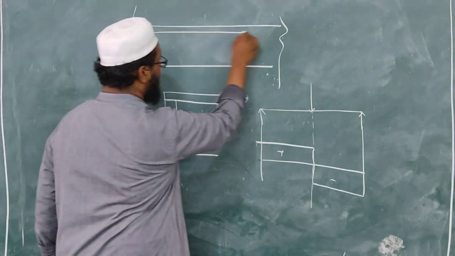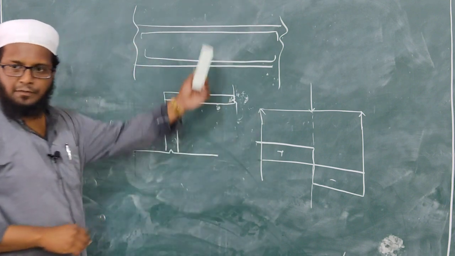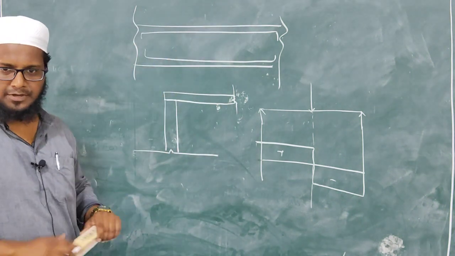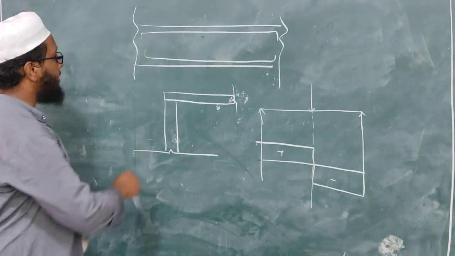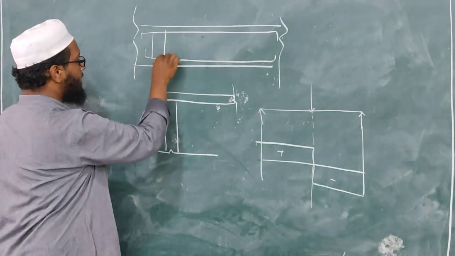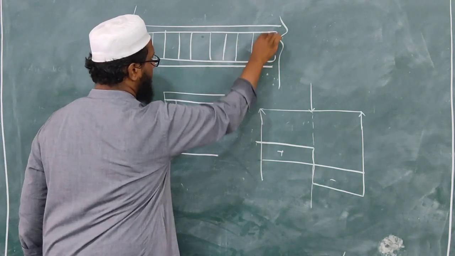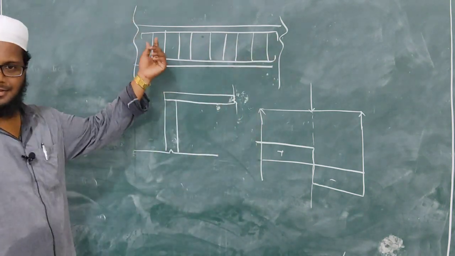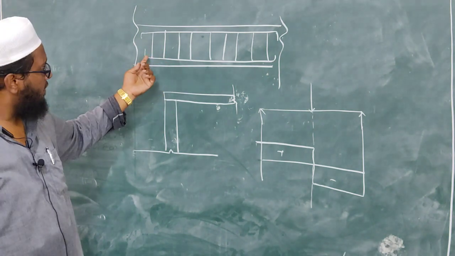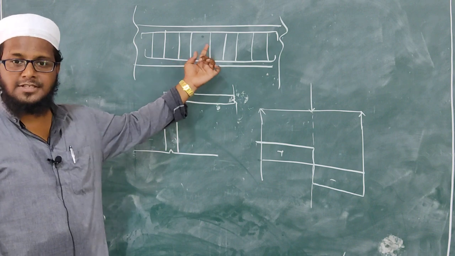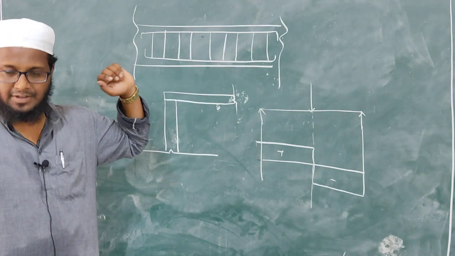We'll be having main rods, top reinforcement and bottom reinforcement, and we'll be having rings also. To hold the rods we use rings. So these rings are actually said to be shear reinforcement.